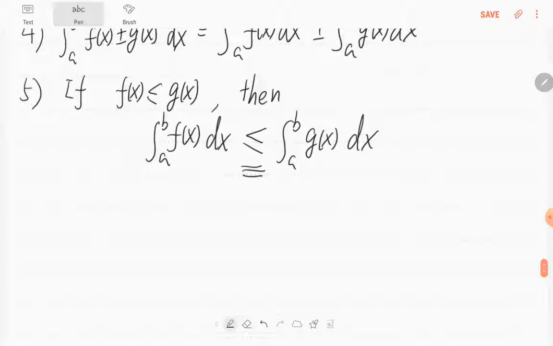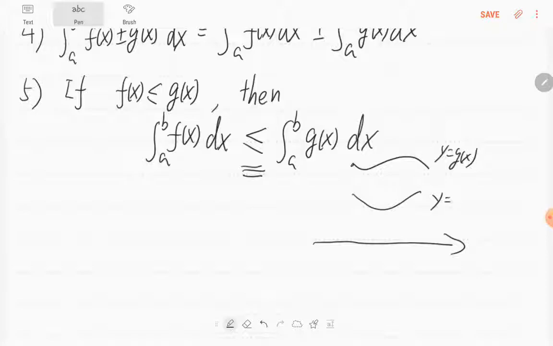So let's look at the geometric meaning for this inequality. This is y equals g of x. This is y equals f of x. They have the same integration limits, a and b, right?